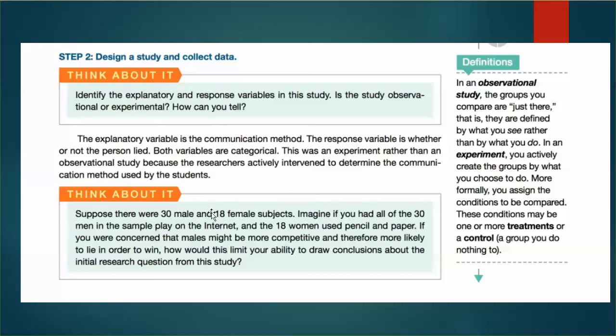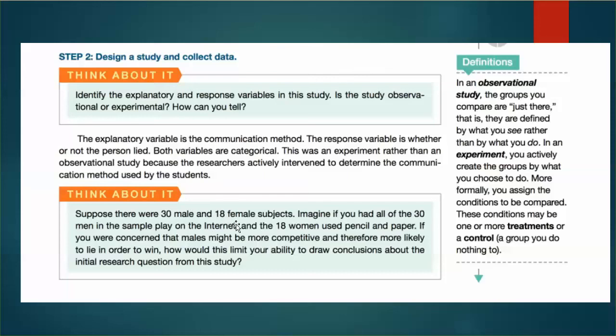So suppose there's 30 male and 18 female students, and if you had all 30 men in the sample on the internet and all 18 women use pencil and paper, well, you've just baked a confounding variable into your sample, because maybe men and women behave differently when it comes to lying. And so if you try to compare these two groups, you've got trouble. If you want to draw conclusions, you've essentially created a confounding variable.